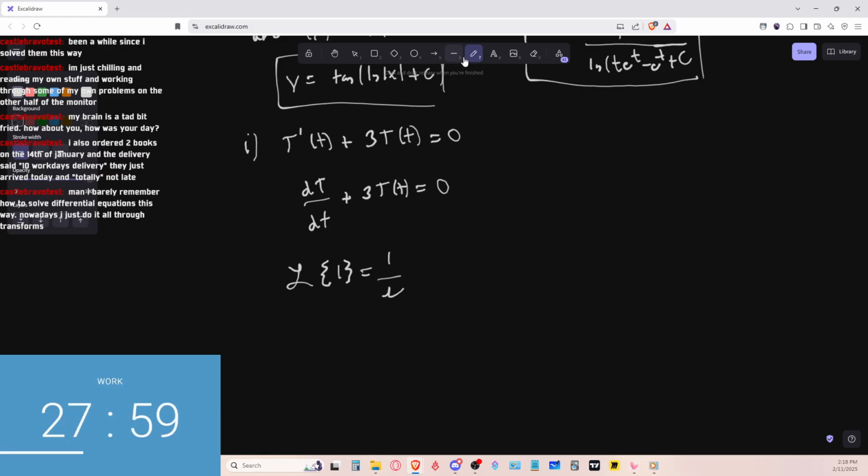That's a cursive s, by the way. I wrote it very badly. The Laplace transform of t to the n is n factorial over s to the n plus 1. What was the next one?